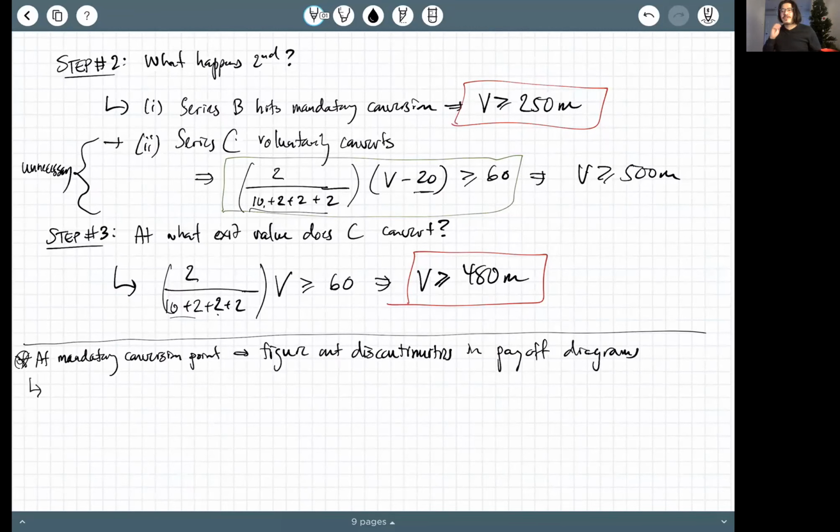So first, let's figure out the discontinuity for the Series B investor.